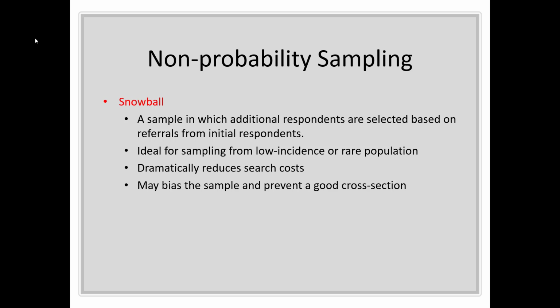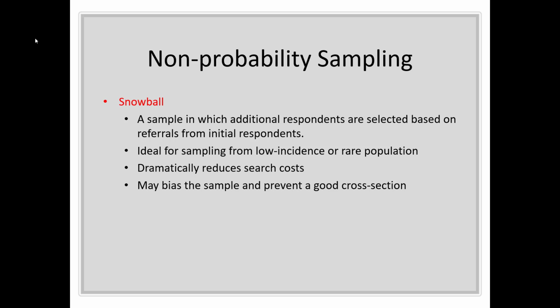Snowballing is also ideal for low incidence or rare population samples. For example, if you want to find out more about Native American students on this campus, you probably start with someone who is a Native American student, and then let them pass a message along to get more of them into the sample.